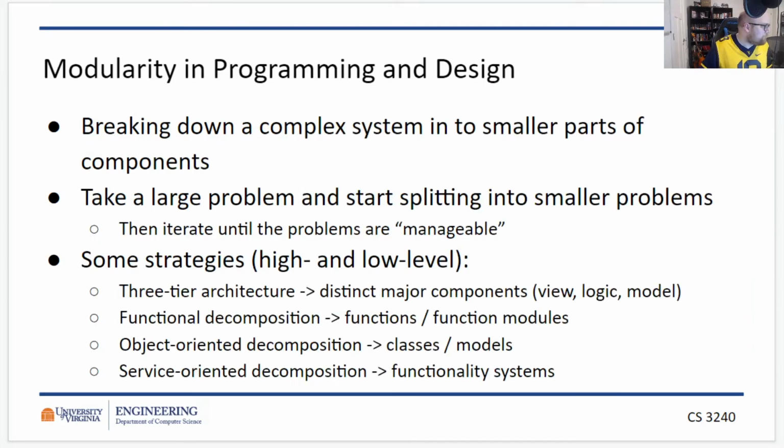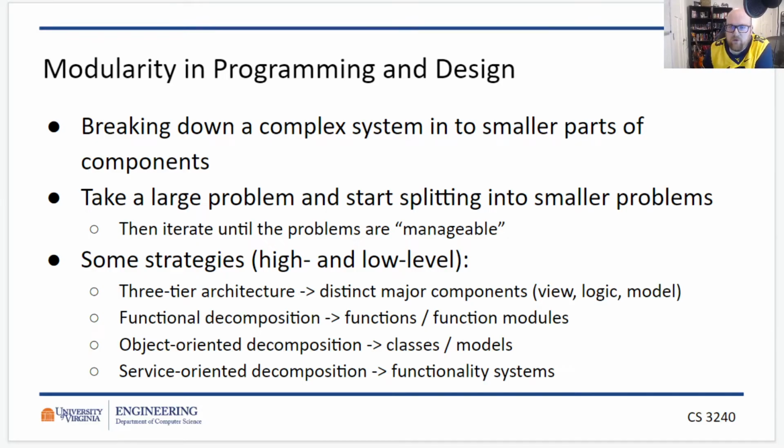You get the idea. So the basis of modular is starting by taking a complex system, such as a microtransaction system for donations, or a study buddy finder, or a meetup finder. You can see where I'm going with that. Take some complex system and break it down into smaller, easier components.